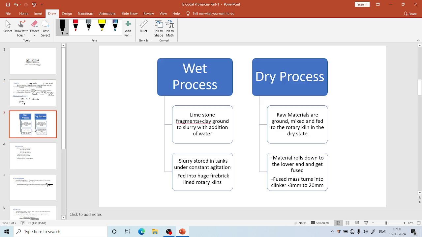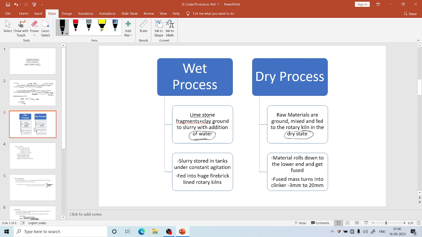What are the wet process and dry process? In the wet process, raw materials like limestone fragments and clay are ground to a slurry with the addition of water. This is the main thing: in the wet process we add water to form slurry. In the dry process, we grind them into fine powder in the dry state without adding much water.